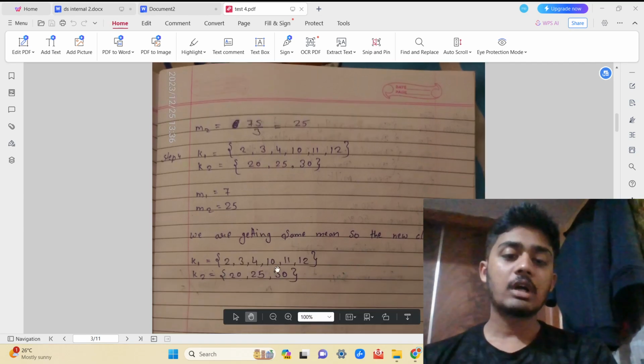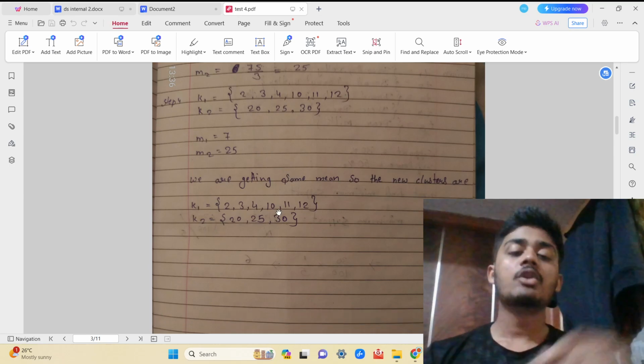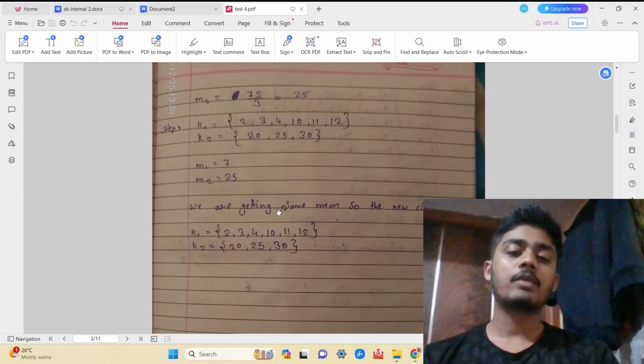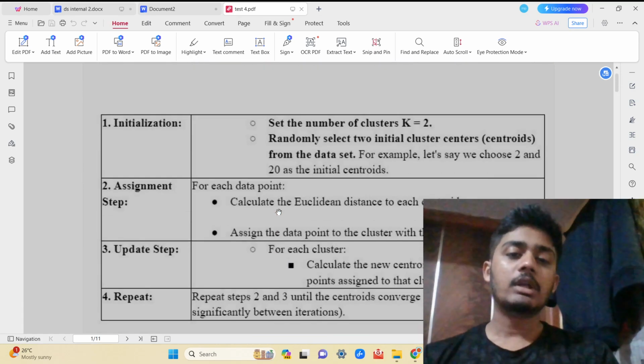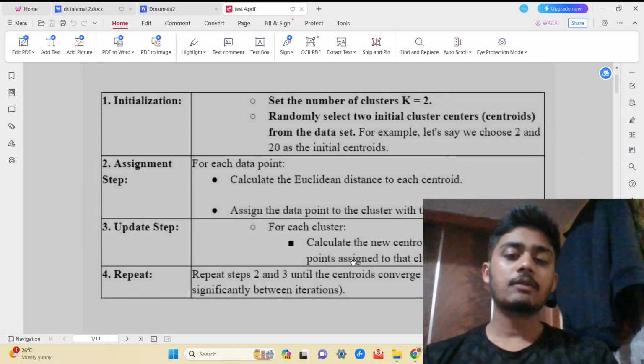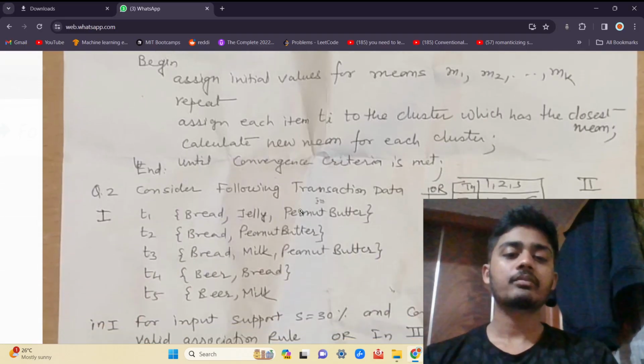So these are the final clusters that we were looking for. From this method we can find the clusters for a given data set. So here we have finished our first question. Now let's move on to the second question.